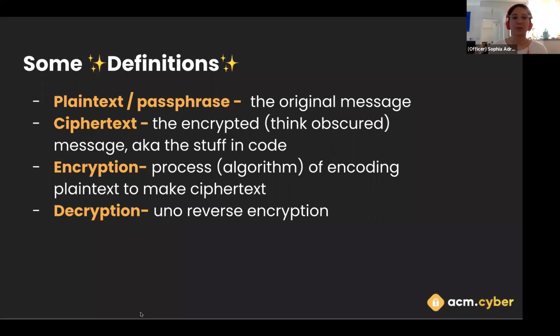Say I switch the words around: likes burgers Bob. That's obviously not a very good encoding, but that's my code. That's the ciphertext. Encryption is the process of taking that plain text and converting it to the ciphertext. And decryption is you do the reverse. You take that ciphertext and you try to obtain the original. Exactly, Uno reverse. Next slide.